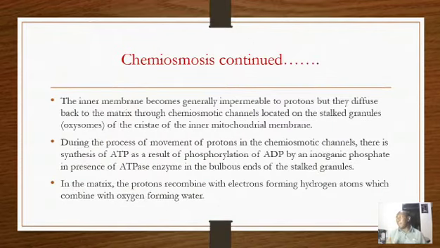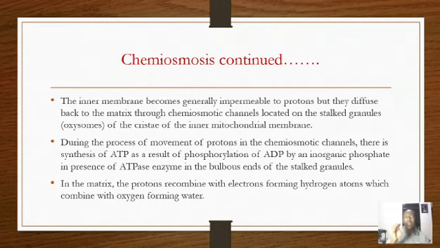Now, because the inner membrane is impermeable to the protons, they from the intermembranous space then move across the channels which we are calling the chemiosmotic channels. We have many protons in the intermembranous space, but the inner membrane has become impermeable to the protons. But there are channels known as chemiosmotic channels on the cristae.